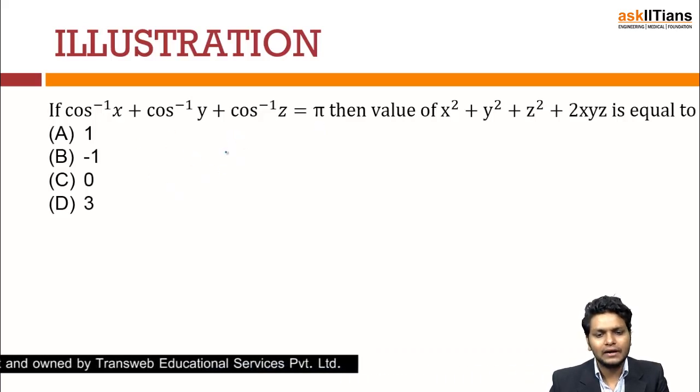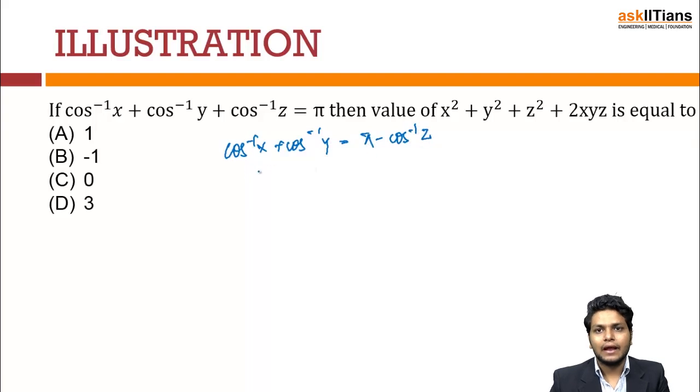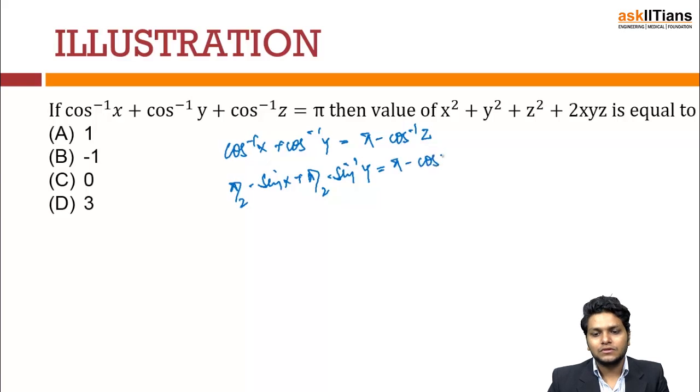So what I can think of is, let's solve cos inverse x plus cos inverse y. This will be pi minus cos inverse z, right? And I think I can write it as pi by 2 minus sin inverse x plus pi by 2 minus sin inverse y. This will become pi minus cos inverse of z.